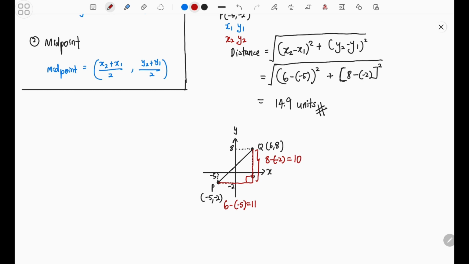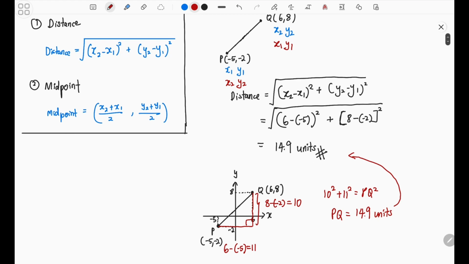And since now I have found the two lengths of the triangle, to find the length of the hypotenuse, all I have to do is apply the Pythagoras theorem formula, and that will give me 10 squared plus 11 squared equals PQ squared. And if I solve it, I will get PQ equals 14.9 units, which is the same value that I have found previously. So yeah, I have proved to you that the distance formula is actually the same as the Pythagoras theorem.